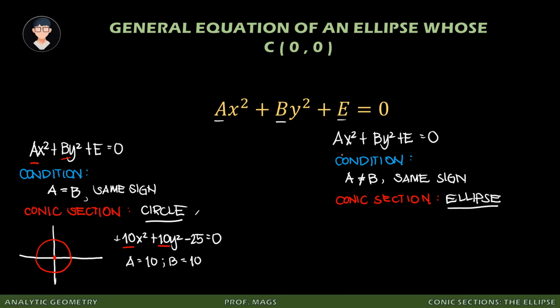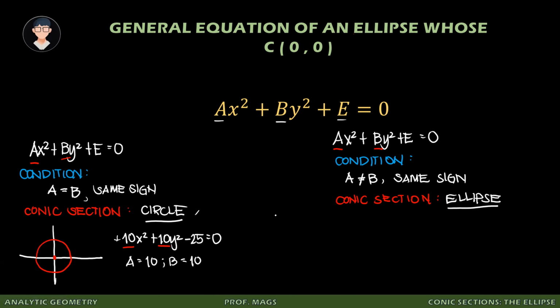So, ibig sabihin, yung ating value ng A dapat hindi equal sa value ng B. Kung ito ay 10, yung value ng A natin ay 10, yung B dapat natin hindi dapat 10 yan. Dapat should be greater than 10 or less than 10, but it should not be equal to 10.